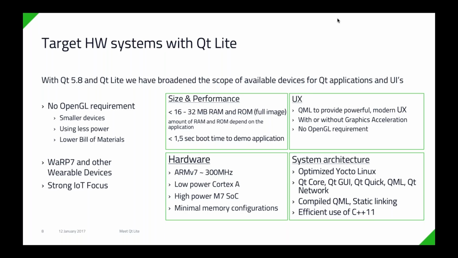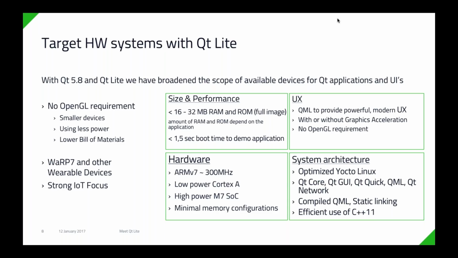So 16 to 32 megabytes of ROM for the full image is clearly easy to do. With more work, it's also possible to make smaller feature sets, but the main focus is to bring the size down a lot with a little effort, but not to bring it down to an extremely small amount, because we see that as a different type of product.